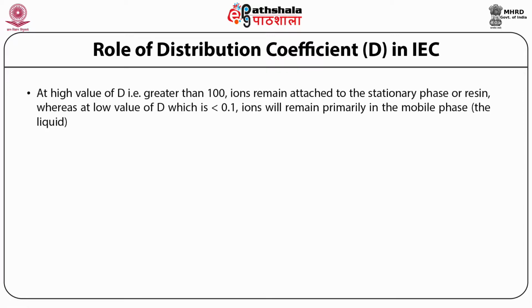At a very high value of D, greater than 100, ions remain attached to the stationary phase or the resin, whereas at a very low value of D, less than 0.1, ions will primarily remain in the mobile phase, that is, the liquid in ion exchange chromatography.